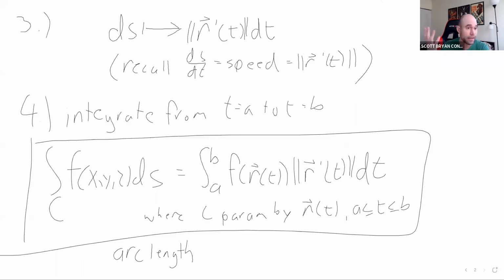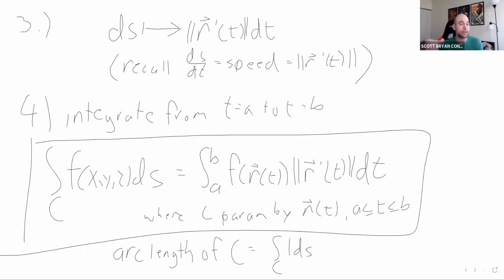But arc length is pretty easy. So arc length of your curve C is going to be the integral over C of 1, the function 1 with respect to arc length.